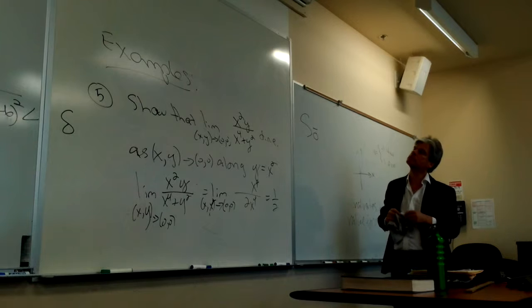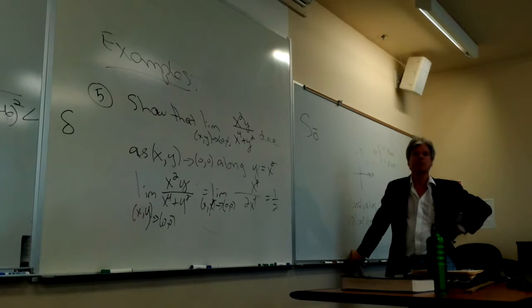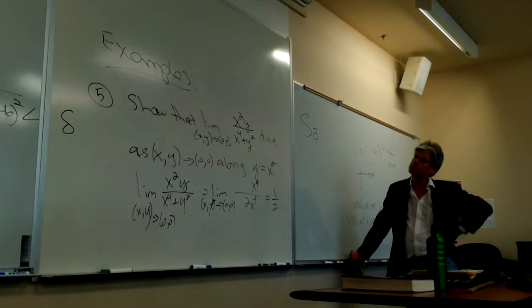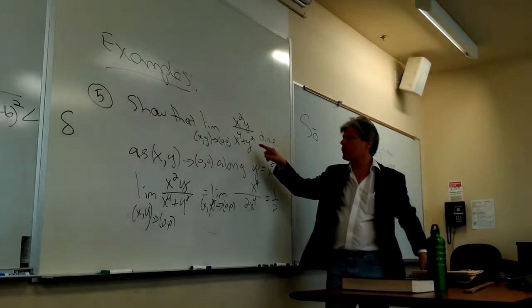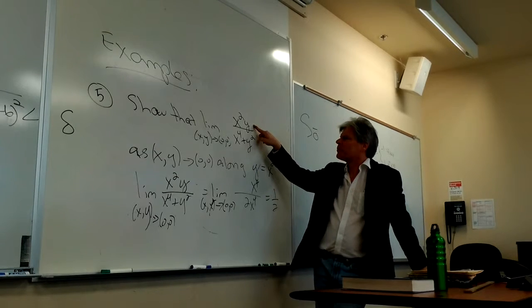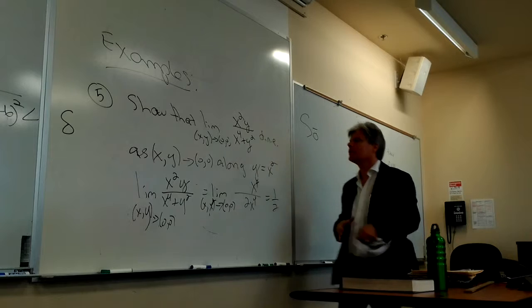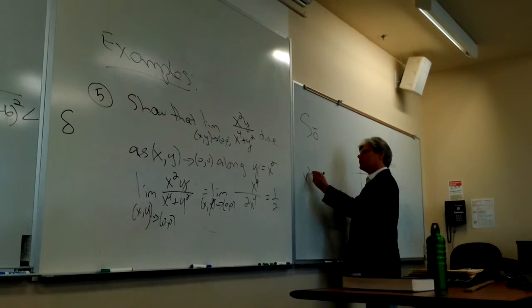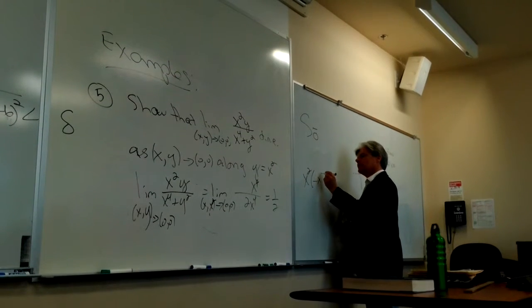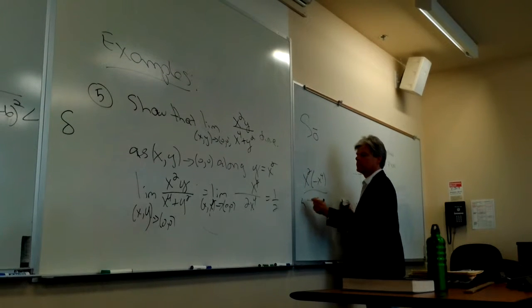Because I get 0 in the denominator, so it doesn't exist, right? If you put an x to the fourth here and here, negative x to the fourth. Maybe it would be better if you let y equal negative x squared.